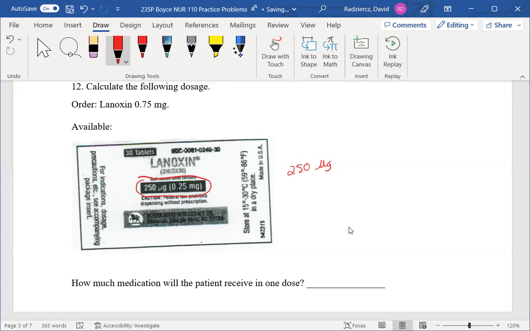What that's saying is that those are equivalent units. So if the order was in micrograms, you would use the micrograms. The order here, though, is in milligrams, so you would use the milligrams. How much would you give this patient?